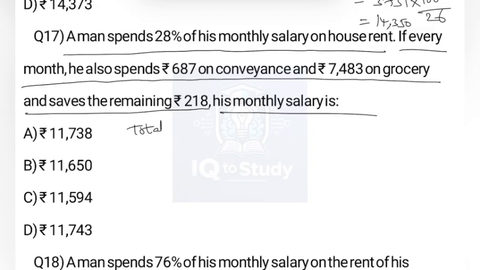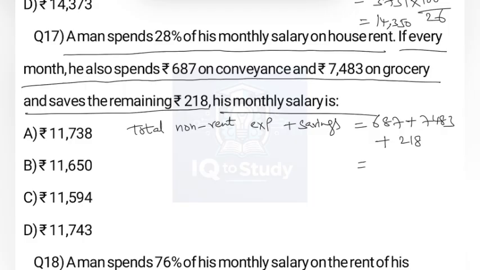Here, total non-rent expenses plus savings is equal to 687 plus 7483 plus 218, which is equal to 8388.